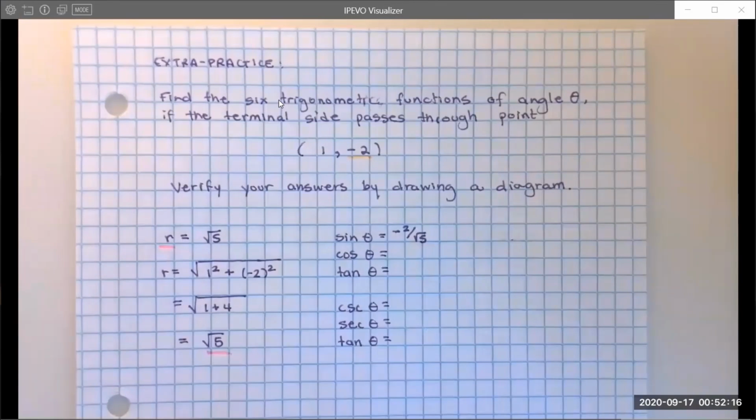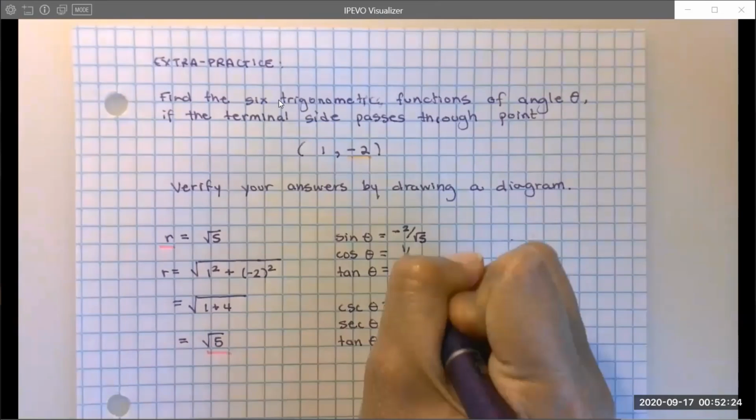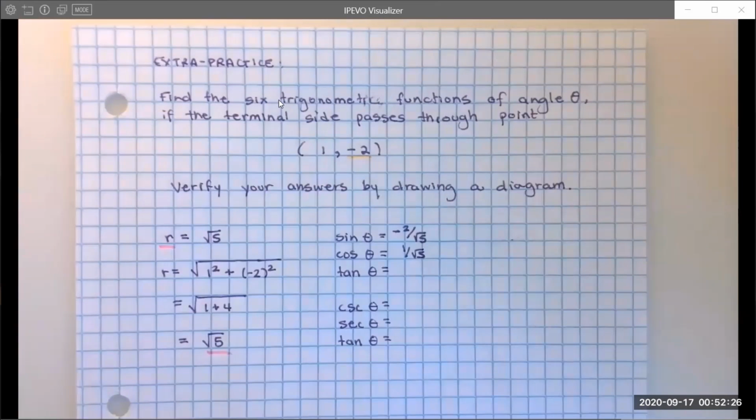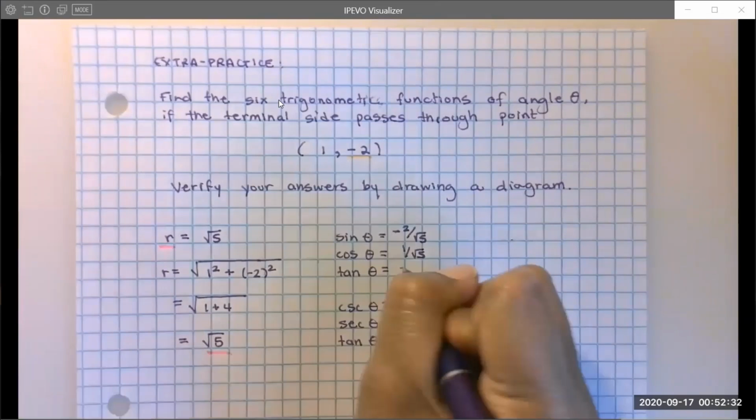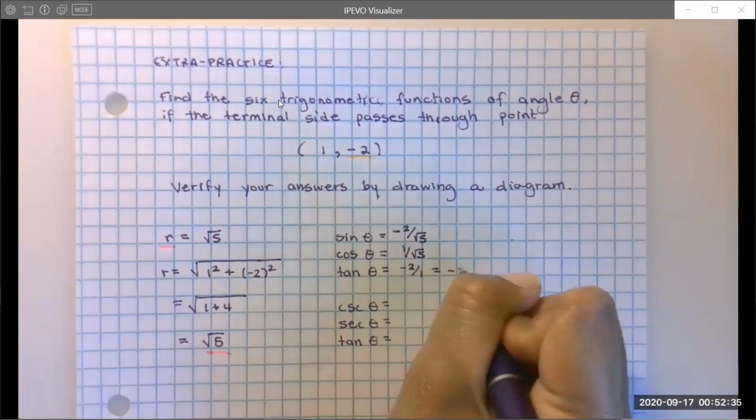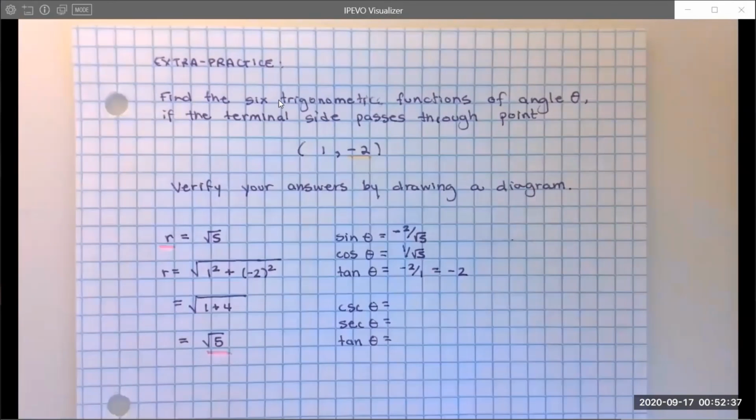Then any suggestions for cosine theta? 1 over radical 5. Good. What about tangent? Negative 2 over 1, which is negative 2. Excellent. What about cosecant?